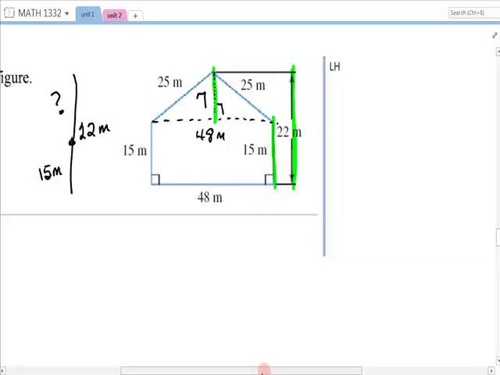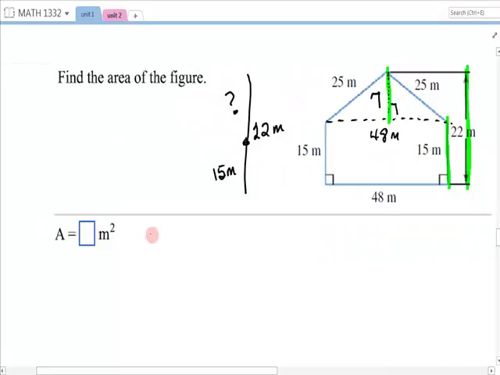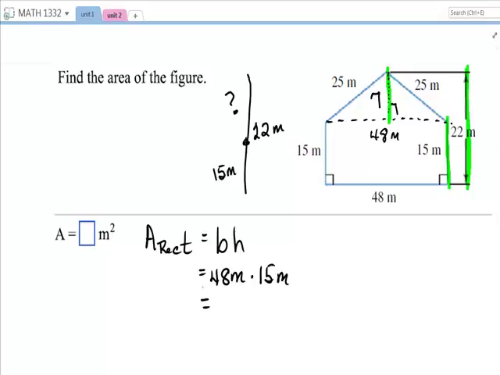So here's my work. Area of the rectangle is base times height. It is 48 meters times 15 meters, which is 720 meters squared.